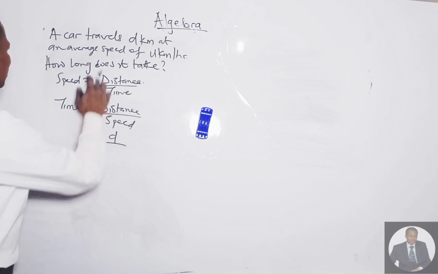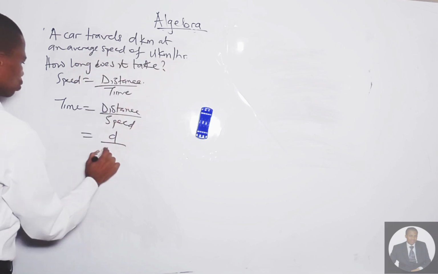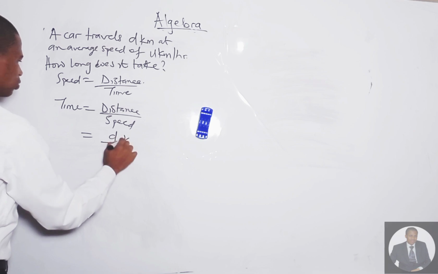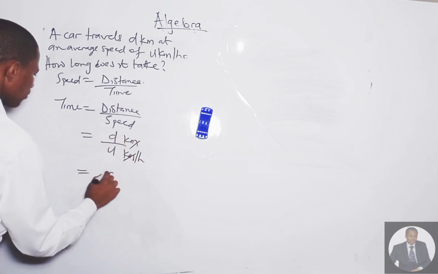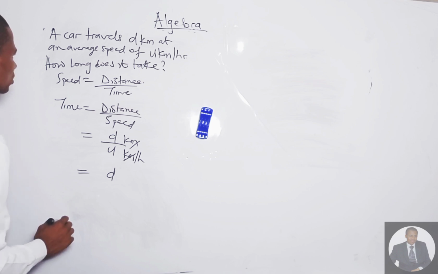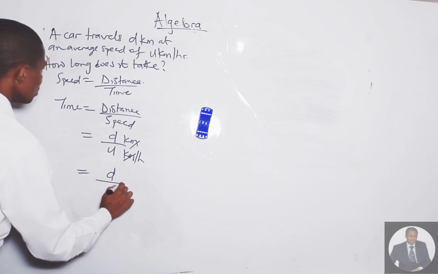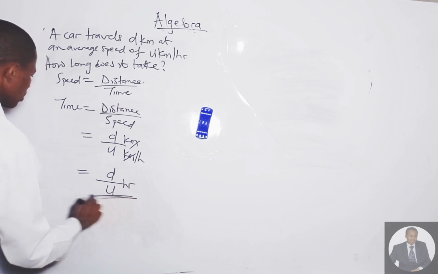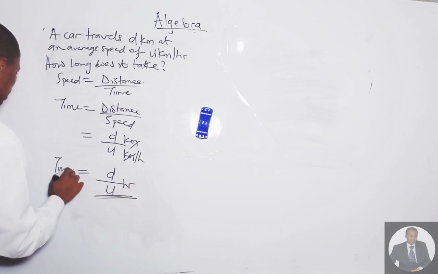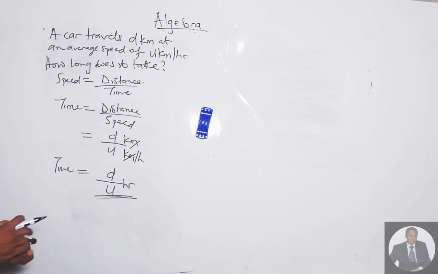And what is our speed? Average speed is u kilometers per hour. So the time it will take him will be d kilometers over u kilometers per hour. So this will be our answer.